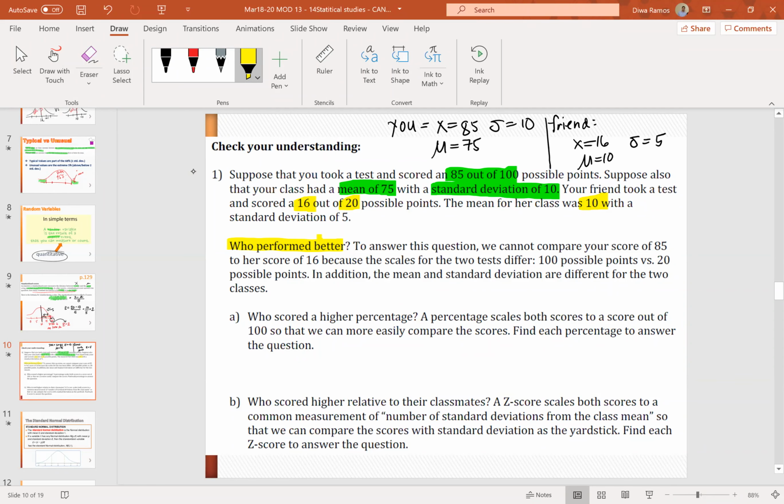It's hard to compare them because they don't have the same possible points. One is 100 and one is over 20, and they don't have the same center, they don't have the same spread. The best way to actually compare them is to look at how far they are from the center.